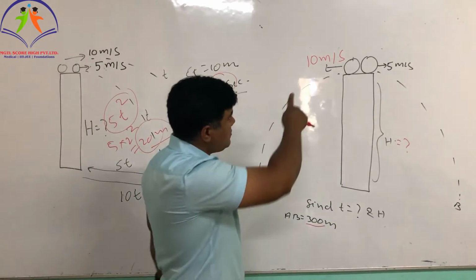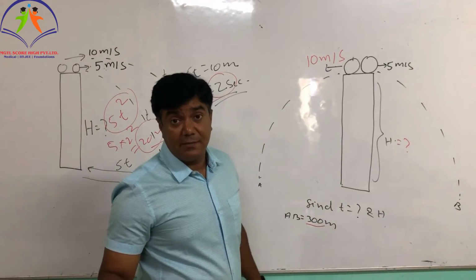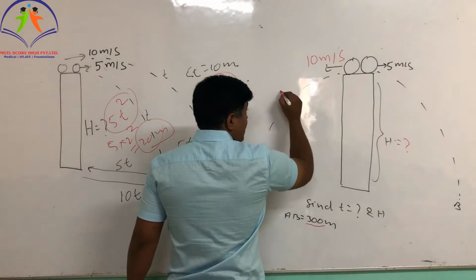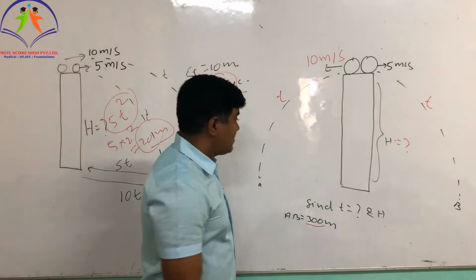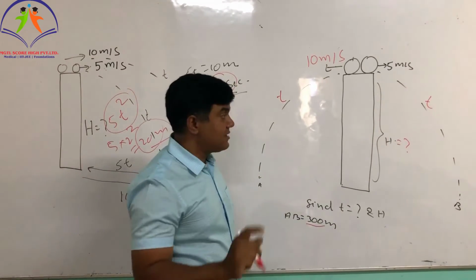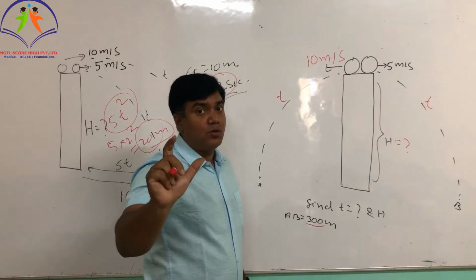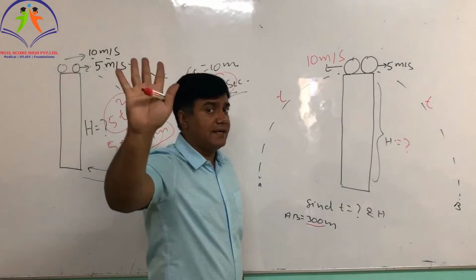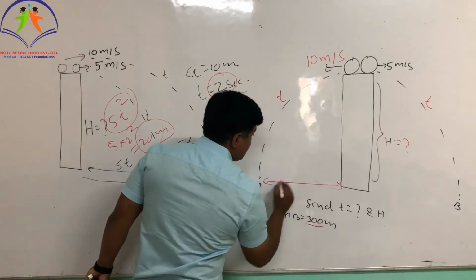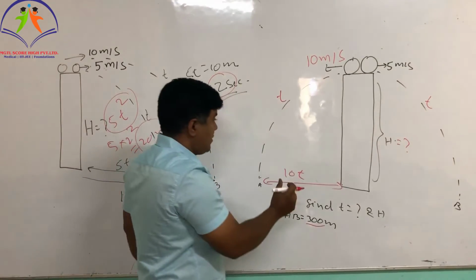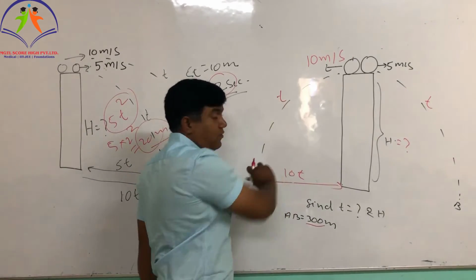Same method. Both stones will reach the ground in the same time because they are thrown from the same height. So 10 meter per second also takes t time, 5 meter per second also takes t time. And just now I told you that horizontal distance is speed into time. Don't use the horizontal range formula, that is u square sin 2 theta by g. Don't use that. Speed into time. For this, 10 into t, so the distance is 10t, from the base of the tower to where the stone has fallen.